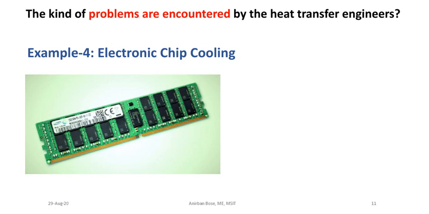let us see another example which is very relevant with respect to the recent times, that is electronic chip cooling example. See that many of the electronic components are nowadays used in industry for mechanical controls. Not only that, we are also using different kinds of electronic gadgets every day.